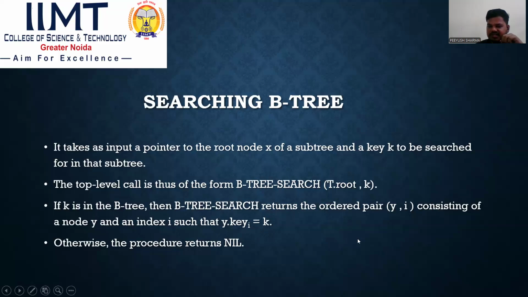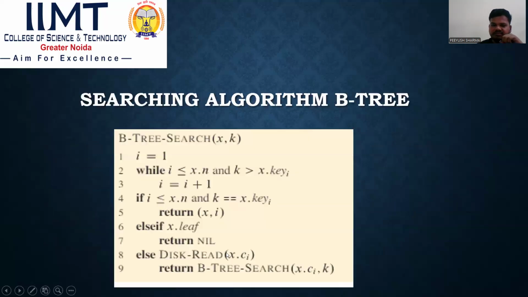So while we are searching, if our data is found, that means if k is found, then B-tree returns that particular node and the index where that key is stored. Otherwise the procedure returns nil, right?